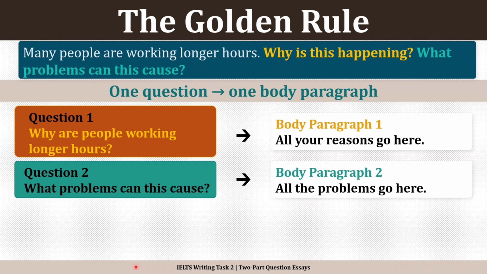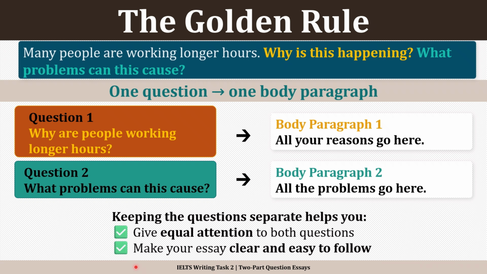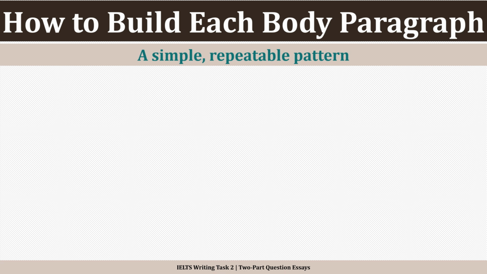Keeping the two questions separate does 2 important things. First, it ensures that both questions receive equal attention. Second, it makes your essay much easier for the examiner to read and follow. So, don't mix causes and problems within the same paragraph. Keep them separate.